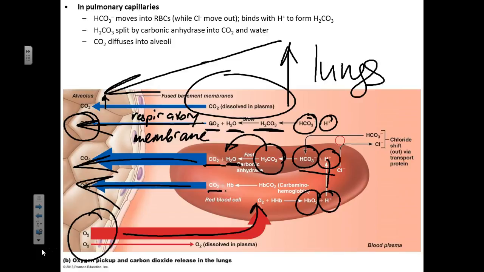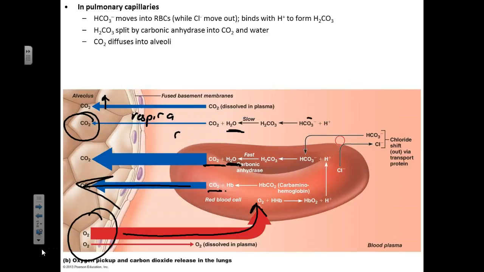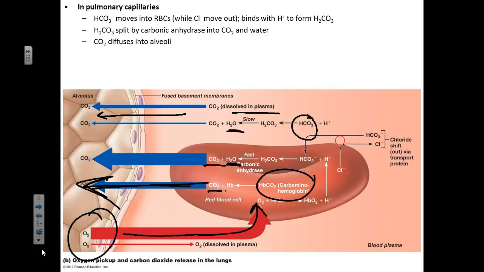In the lungs, CO2 from plasma goes back into the alveolus. CO2 bound to hemoglobin goes back into the alveolus. Bicarbonate ion binds to the proton.